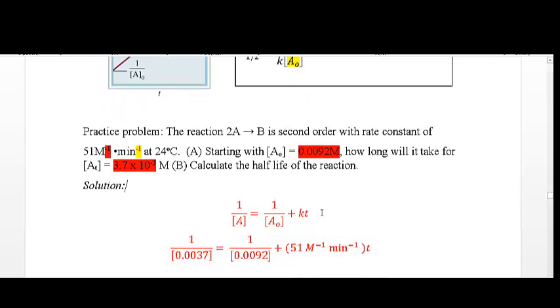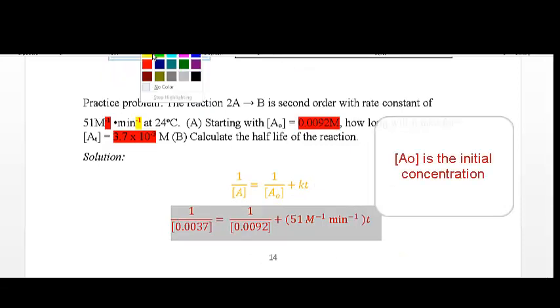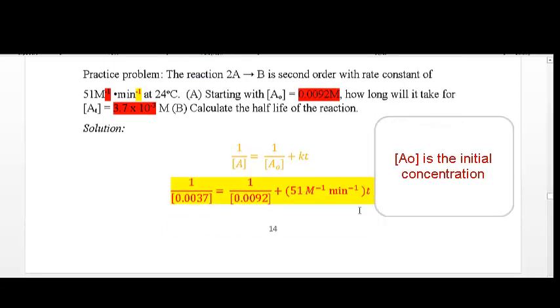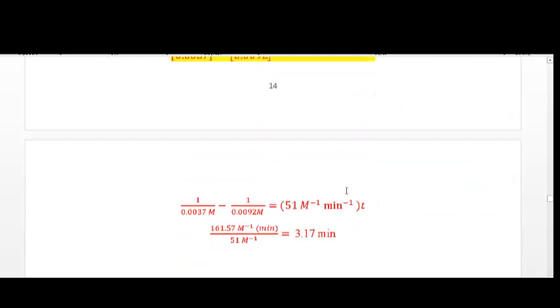So for a second order reaction, I went up to my chart and I plucked that equation out, and I plugged the values in according to the equation. I modified my rate constant, and doing all of that math, I got a value of 3.17 minutes. Also, I made sure my units cancel.